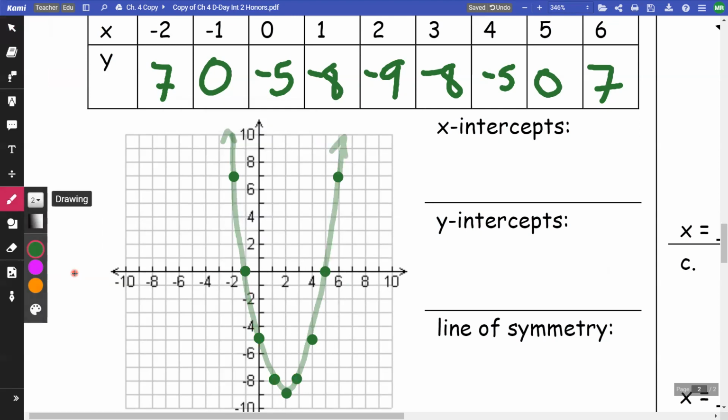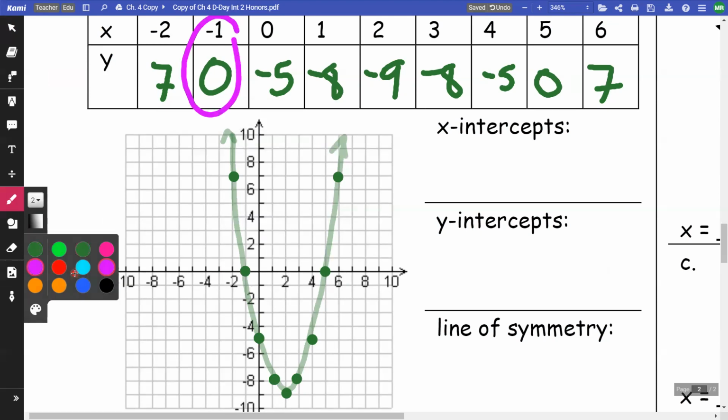And there's my parabola. Now, in this case, I actually see my x-intercepts. I have an x-intercept here at (-1, 0) and (5, 0). So again, you see it here and here. If it doesn't go exactly on there, you can always put 0 in for y, because you'll notice both of these have a y of 0.